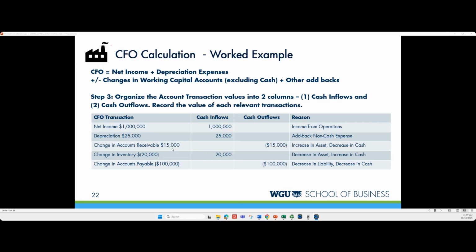We have sent our goods and services out the door, but we have not received the cash for it yet. So anything that's accounts receivable are sales that have been made on credit that we do not have cash for yet. So that's a decrease in cash because we've taken the goods and services, put them in the hands of the customer, but we don't have the cash yet. Does that make sense?